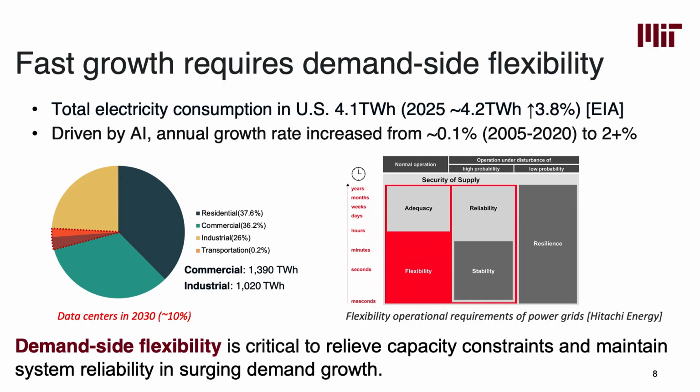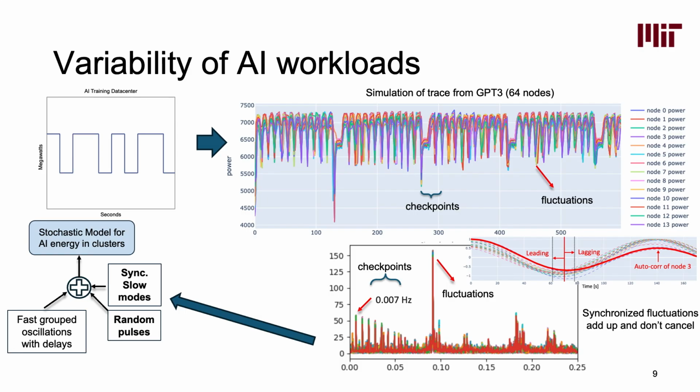Okay, next we're going to go through, like I mentioned earlier, why this AI load is so challenging. Here is a very specific example, a simulation of training GPT-3 by a data center owner. They published this data set and we analyzed it.